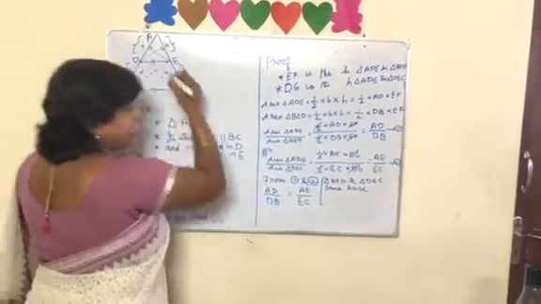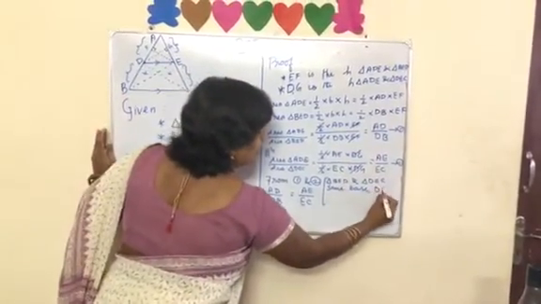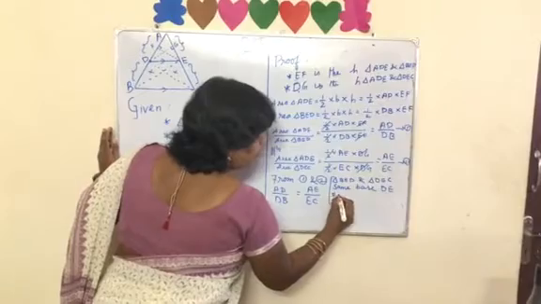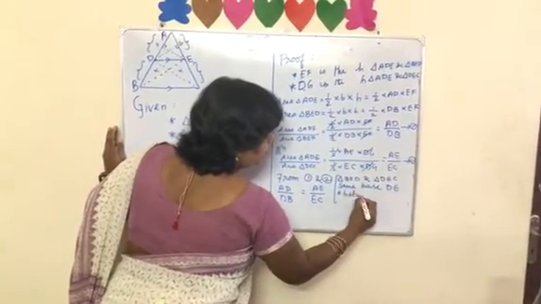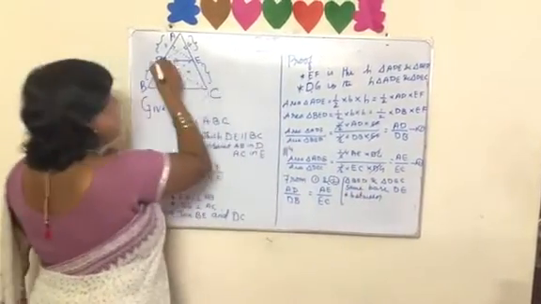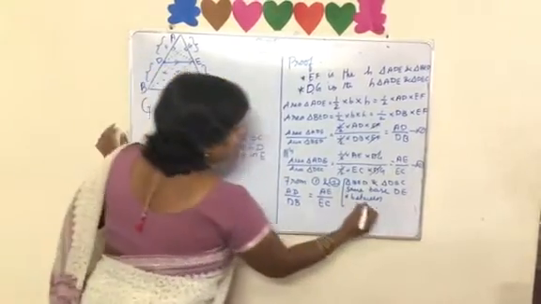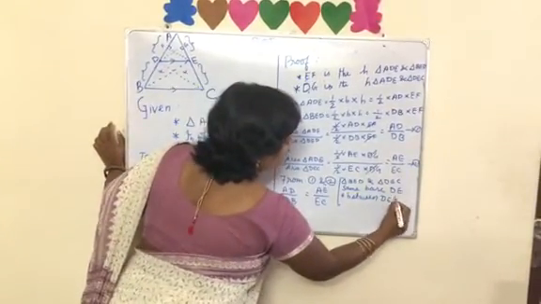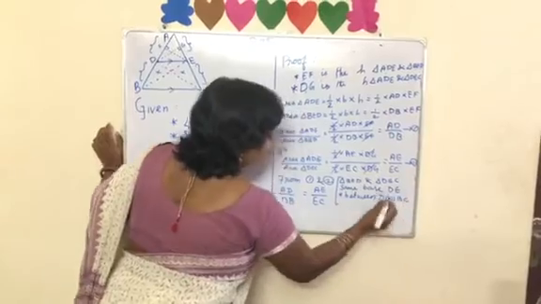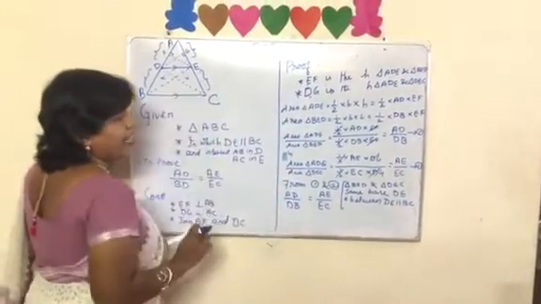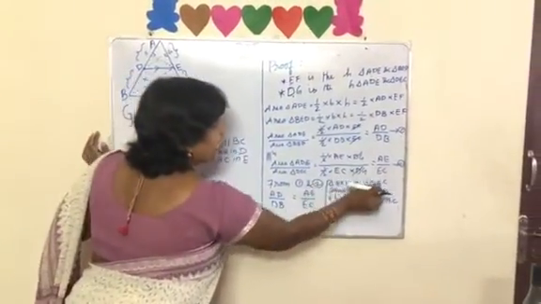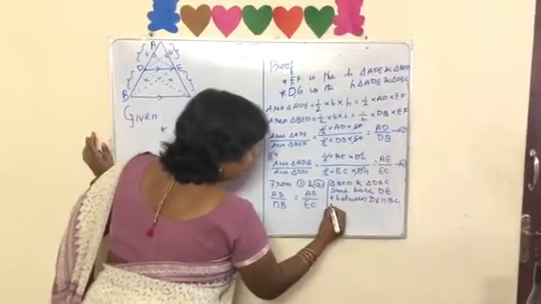That is DE, the same base DE, between parallels DE and BC. These two are parallel and the same base they have. So this area will be equal. Which area?